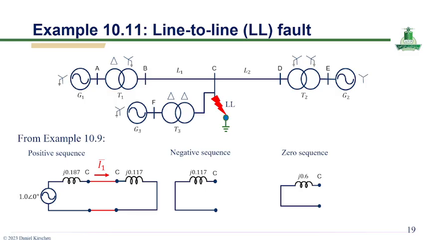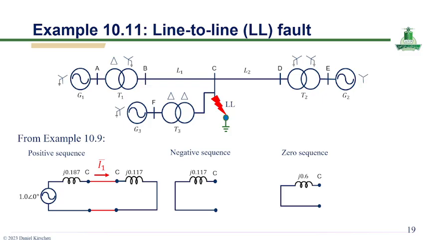The positive sequence network includes the internal voltage source and the equivalent impedance seen from the fault point, whereas the negative sequence network consists only of impedances since there is no source. These two networks are then connected in series at the fault location to determine the fault current.